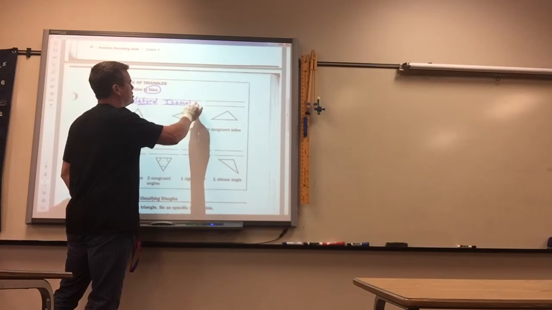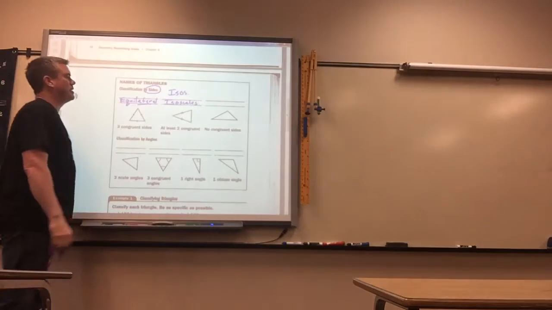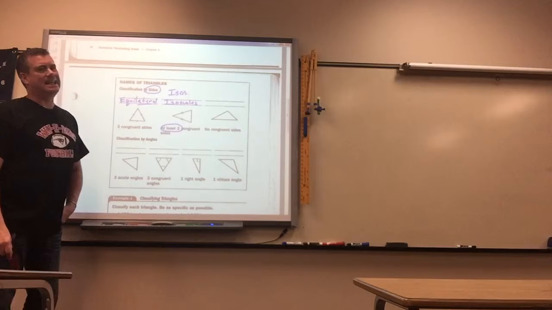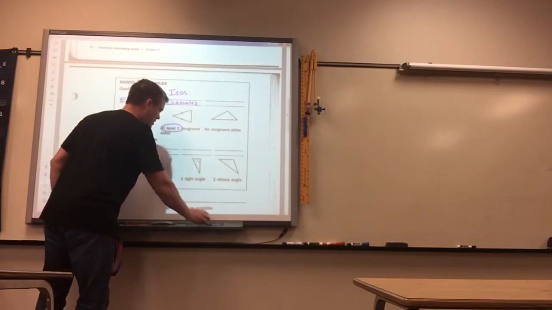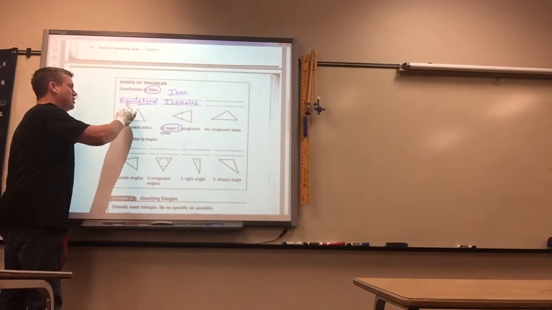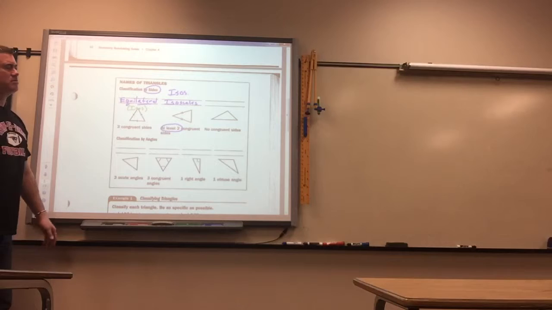Now, that's harder to spell. You can just abbreviate it ISOS. And for some reason, they call an isosceles at least two sides, which this one has. So technically, you could call this an isosceles also, but the best name is equilateral.